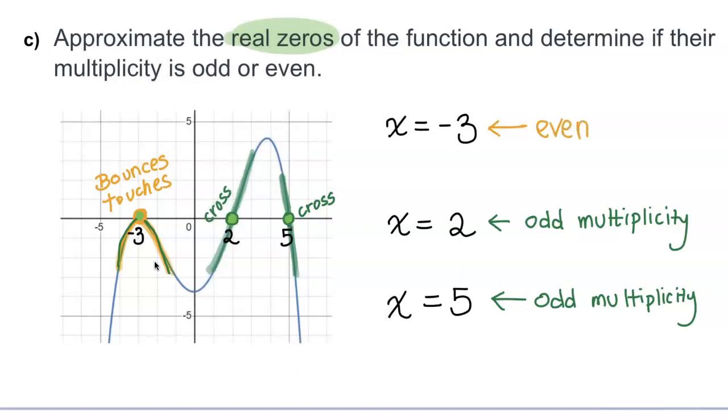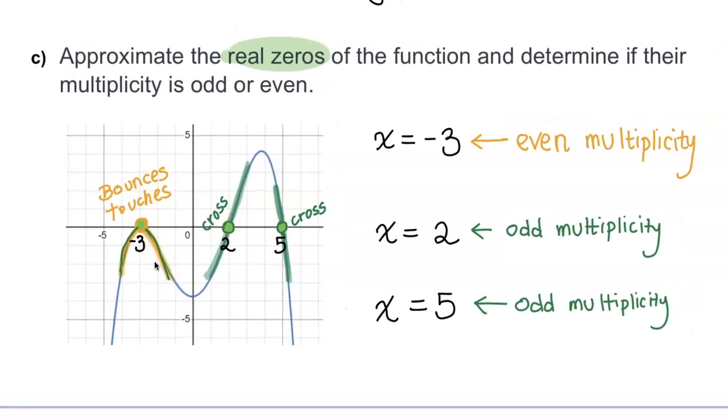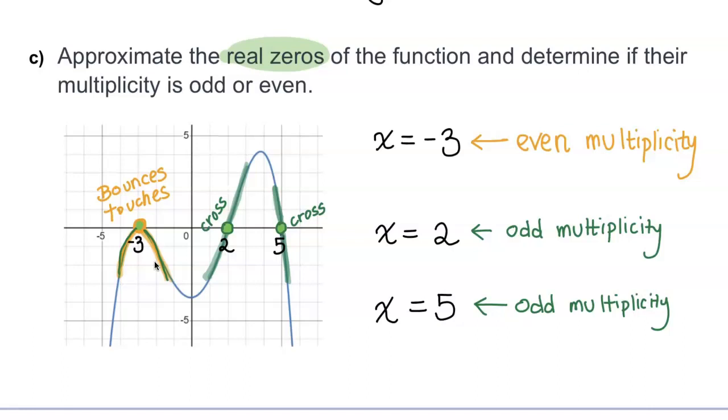So we're going to say at -3, the multiplicity will be even. And that all depends on whether the graph crosses or not, okay, or touches. And that is how you can tell their multiplicity is even or odd, okay?